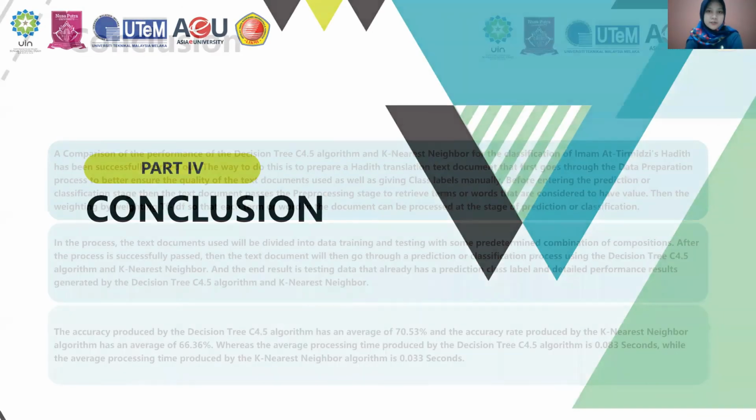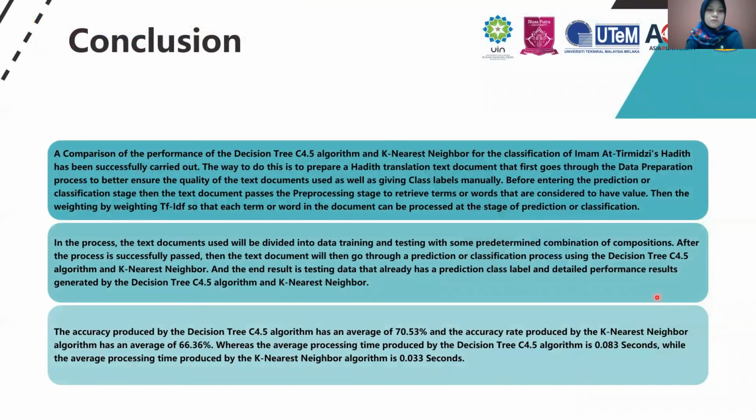And the last conclusion, a comparison of the performance of the decision tree C4.5 algorithm and k nearest neighbor algorithm for classifying the validity of hadith from Imam at-Tirmizi's hadith has been successfully carried out. And the process for this classification began from the hadith translation text document, and we give the label for each text document of hadith.